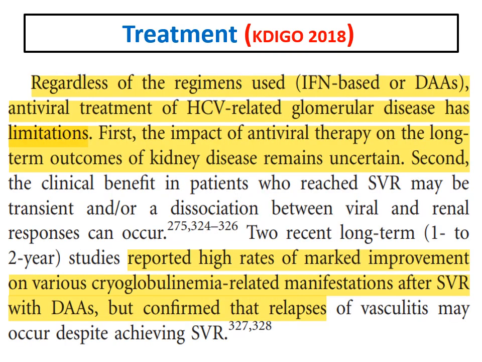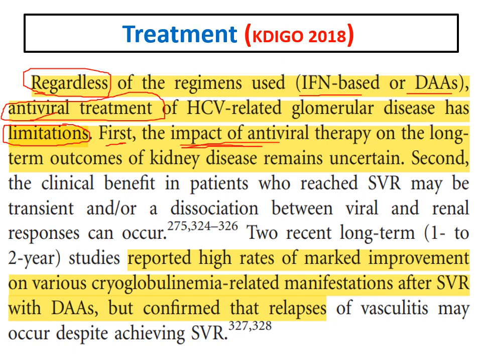To support also, regardless of the regimen used to treat HCV, either interferon-based or direct antiviral agents, antiviral treatment has some limitations that we should take care of. First, the impact of this antiviral therapy on long-term outcomes for the kidney remains uncertain.